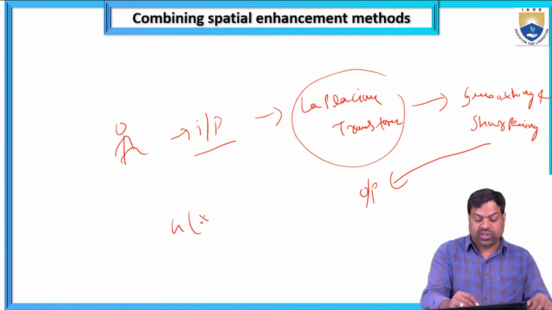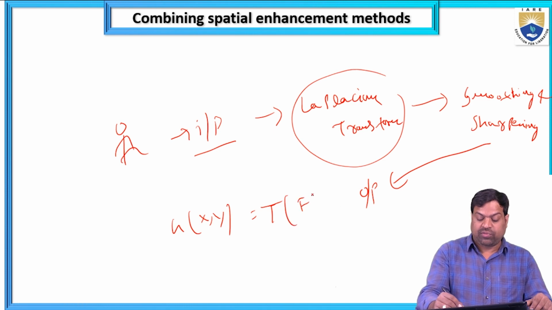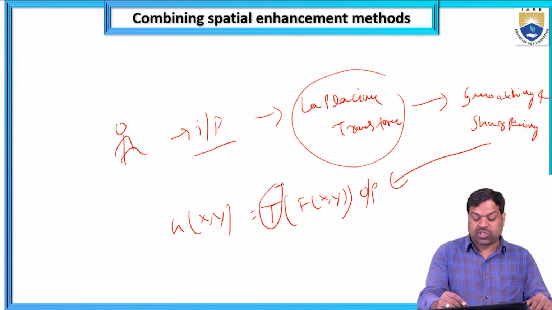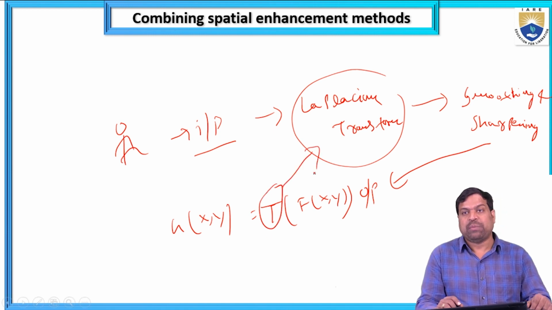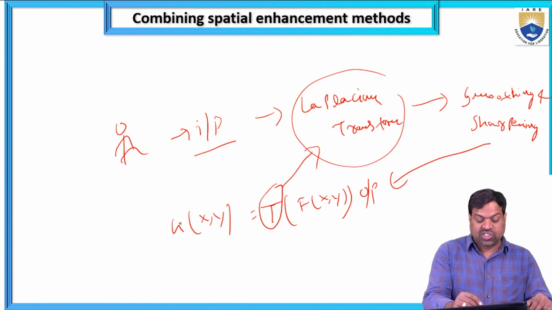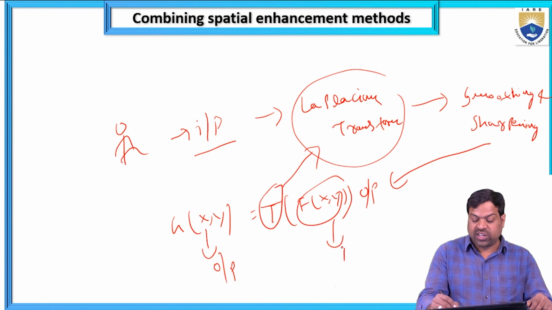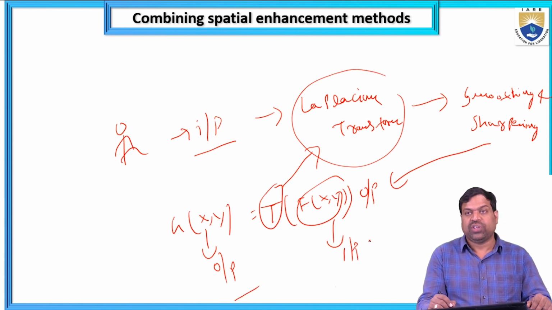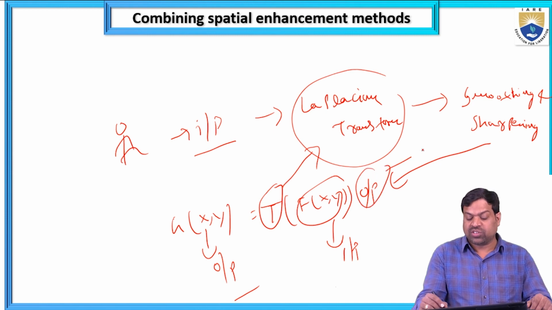Suppose g of x, y equals T of f of x, y. Here the transformation function T is the Laplacian transform, g of x, y is the output, and f of x, y is the input. So the output equals the transformation function applied to the input, and the output is a smoothed or sharpened image.